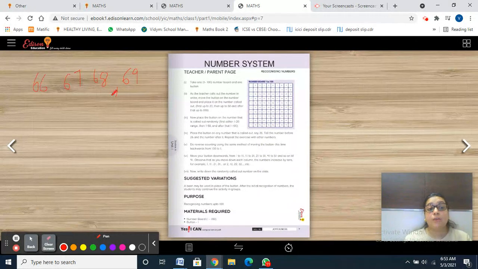So this is backward counting, going in a backward direction, one step back. What is forward counting? When we are adding plus 1. Backward counting means minus 1. We are subtracting 1 from each number. 69 minus 1, 68. 68 minus 1, 67. 67 minus 1, 66. This is the backward counting.